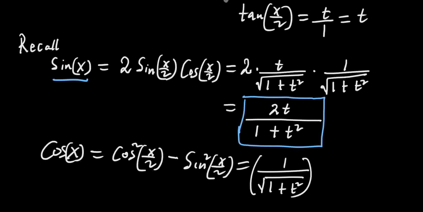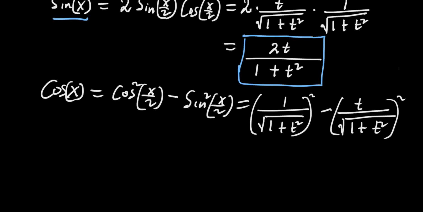So we can simply put this in parentheses and squared, minus t over root 1 plus t squared, squared. So this will be equal to 1 squared is 1, and root 1 plus t squared squared would give us 1 plus t squared.